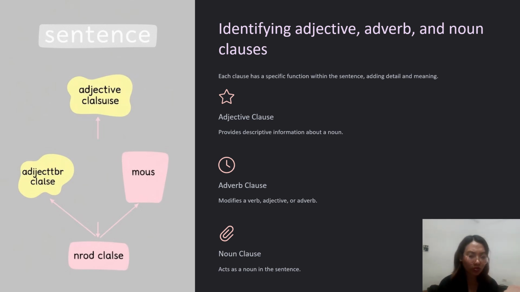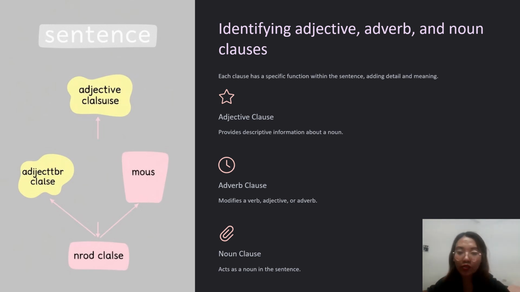They will always start with a subordinating conjunction, such as because, when, while, if, since, although, after, before, as, even though. These words will help you identify adverb clauses.